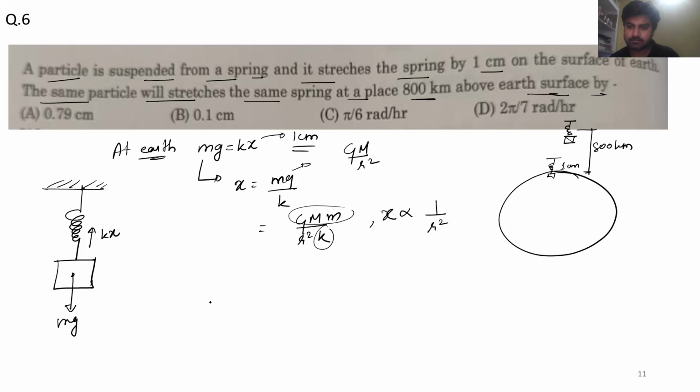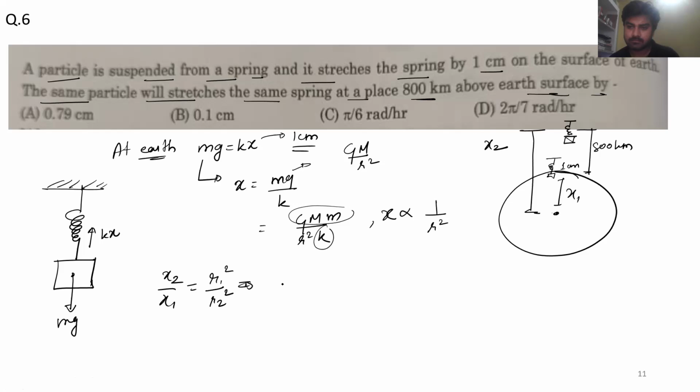This is also constant. I can say x is inversely proportional to R square, the distance square. So if I talk about x2, let's say this distance is x2, and from the center it is x1. Total distance we will take, x2 and x1. So I can write x2 upon x1 is equal to R1 square upon R2 square, because they are inversely proportional.